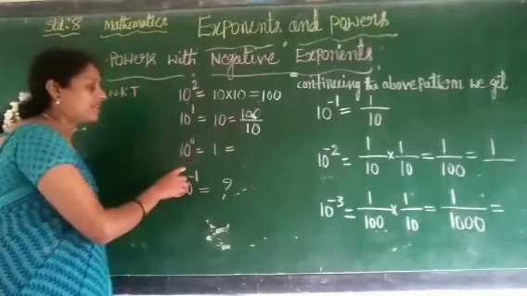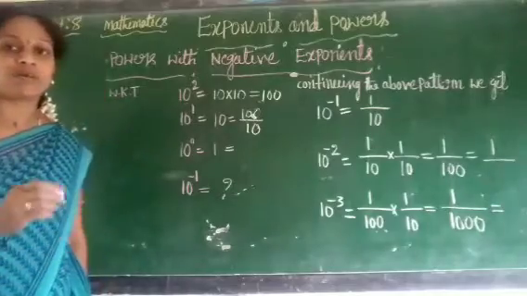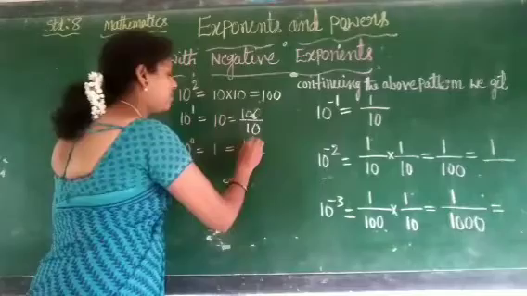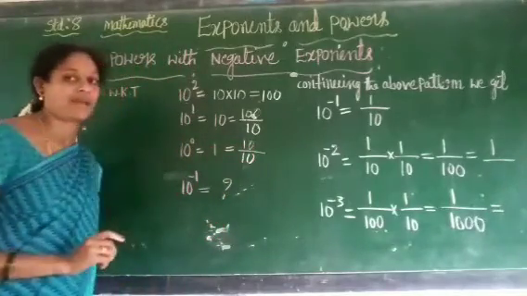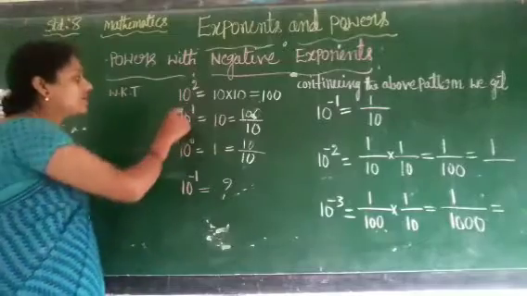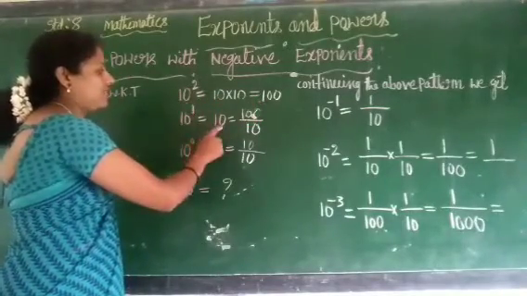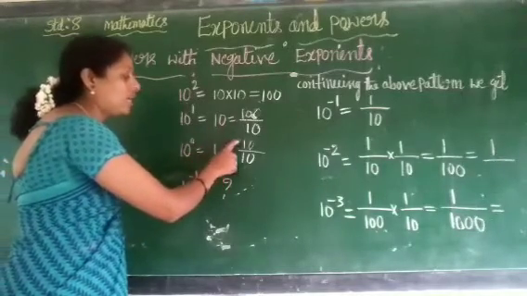The next one, 10 to the power 0, has value 1, which is 10 by 10. So 10 to the power 2 is 100, 10 to the power 1 is 10, and 10 to the power 0 is equal to 1.